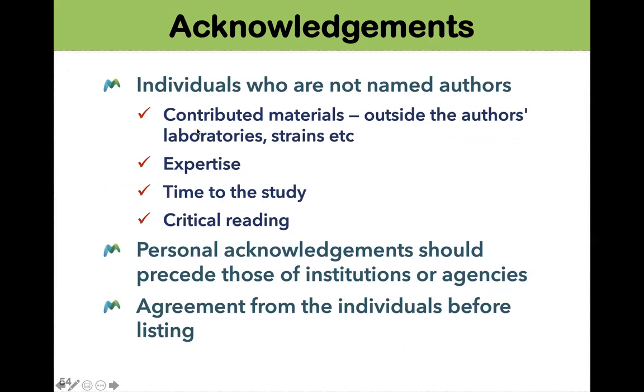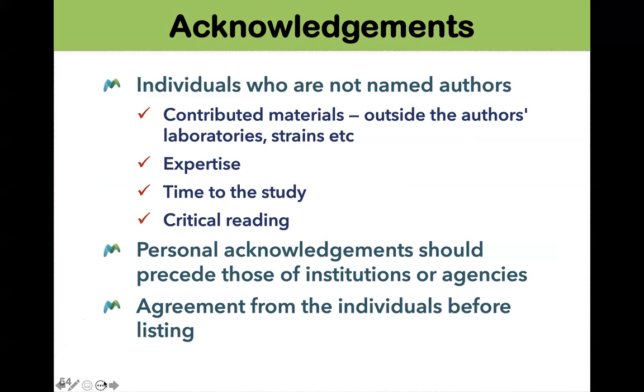And I already said that anybody who is not a named author has to be recognized, right? Expertise, time to study, and all the stuff. And usually the personal acknowledgement comes before the funding agencies. And increasingly, all the journals want the people who are acknowledged to also agree to be acknowledged. Right?